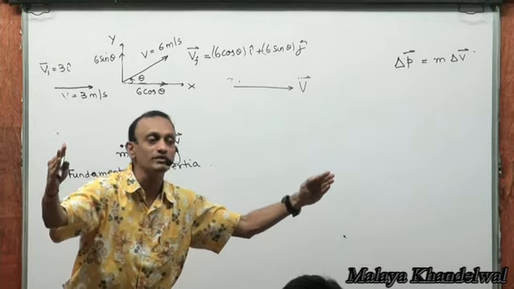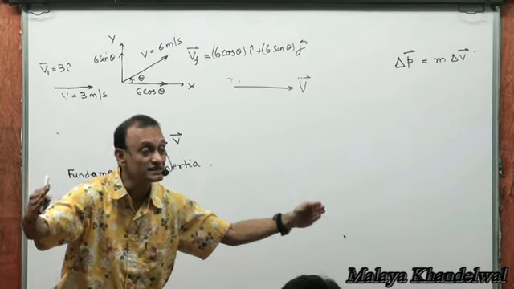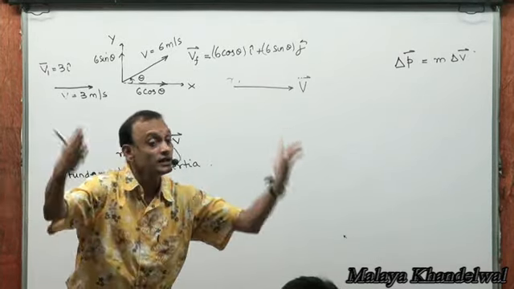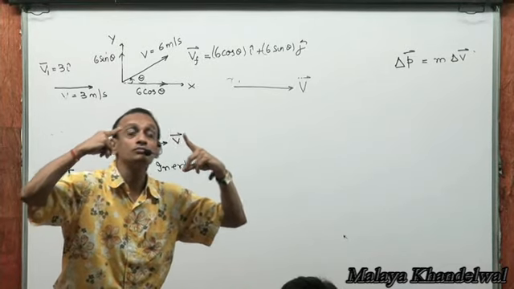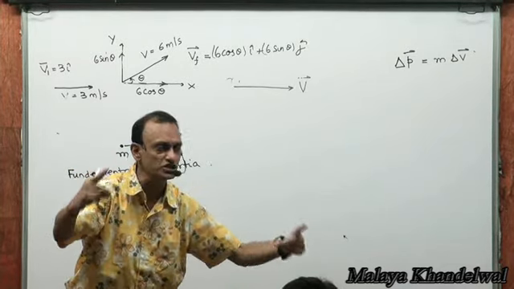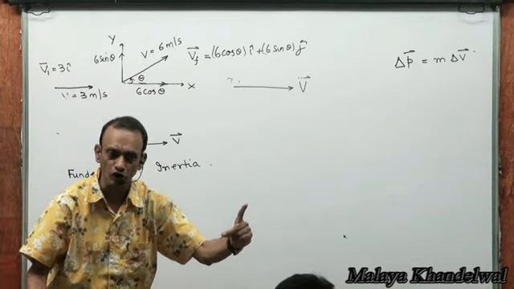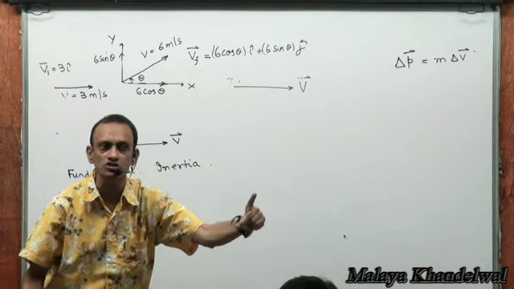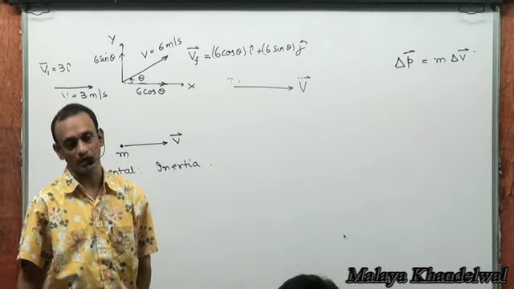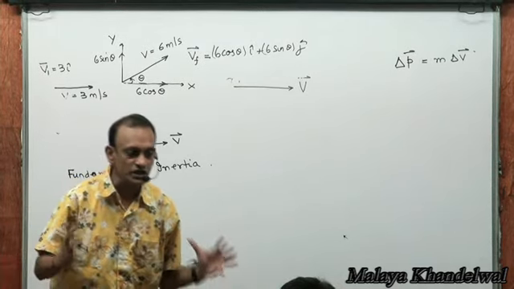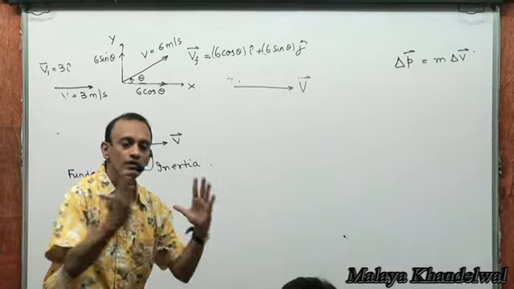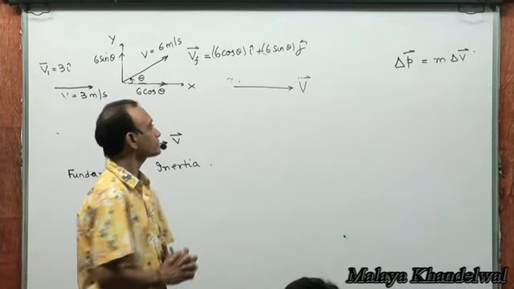A force, therefore, is an agent that opposes inertia, that causes change of velocity of the particle, and therefore change of linear momentum of the particle. So force is an agent that causes change of motion of the particle, right?